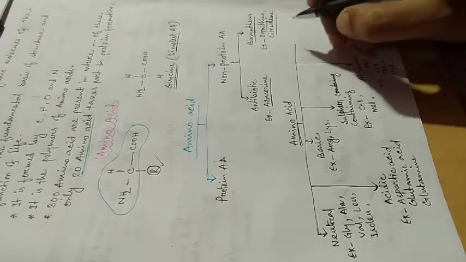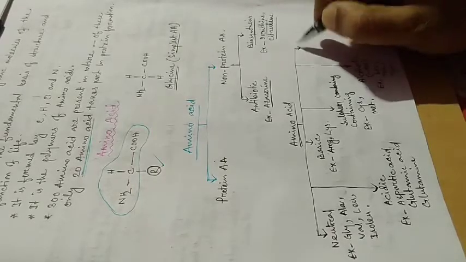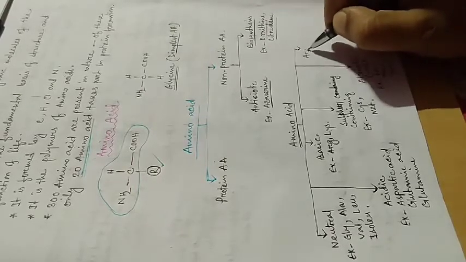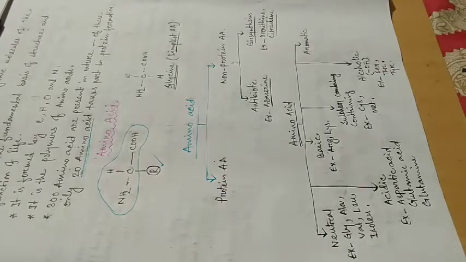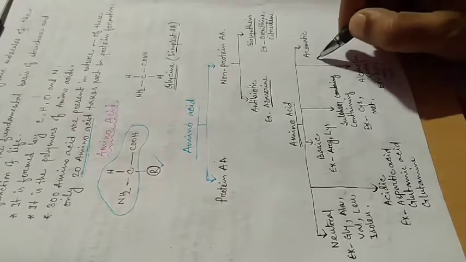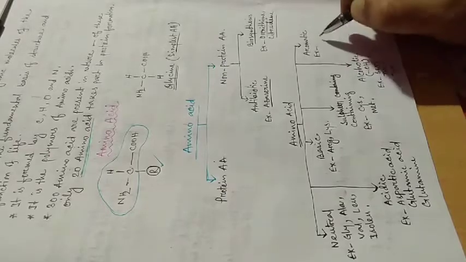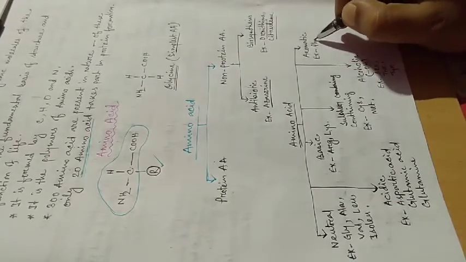aromatic amino acid. Aromatic amino acid are those amino acid which possess a cyclic structure or contain a ring, okay, in their side chain. As example, phenylalanine.